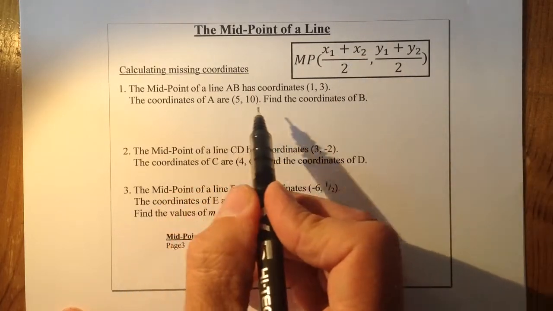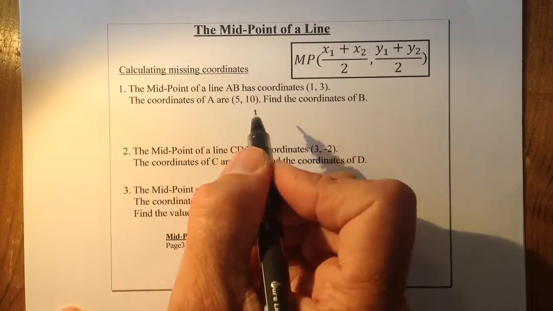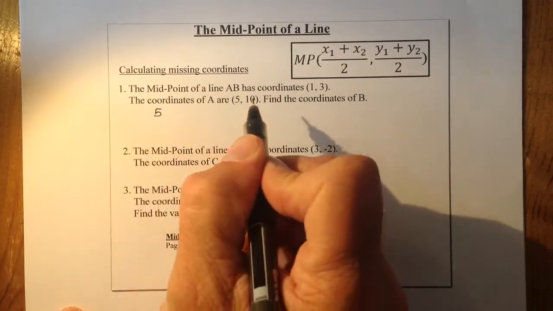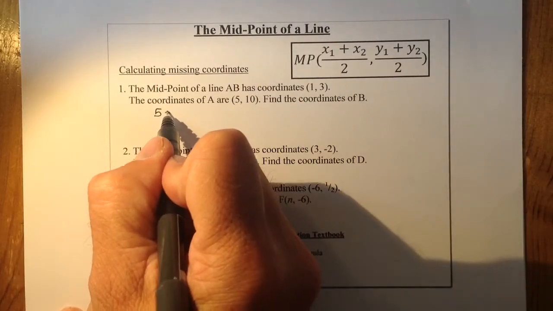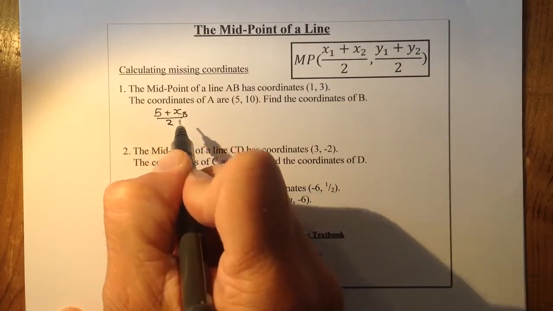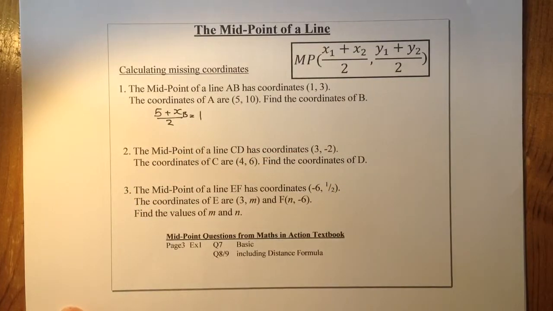So 5, the x coordinate of A, plus the x coordinate of B, divided by 2 should equal the midpoint x coordinate.